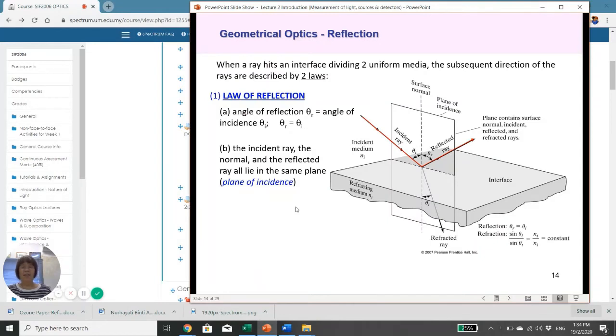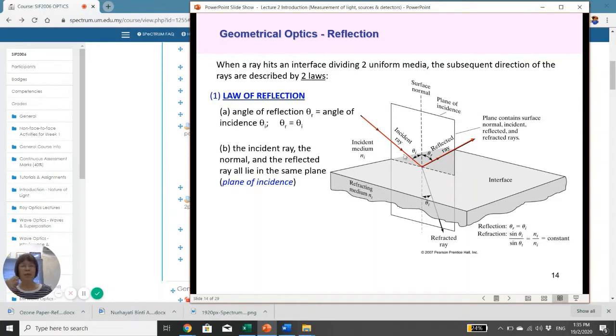Okay, the first law that we're going to learn is the law of reflection. When an incident ray hits a surface, it will be reflected, and the angle of reflection will be equal to the incidence angle. And you all know that.